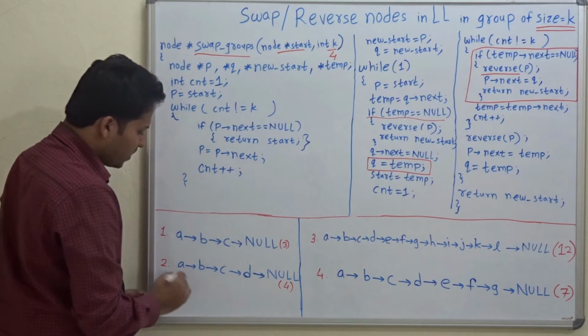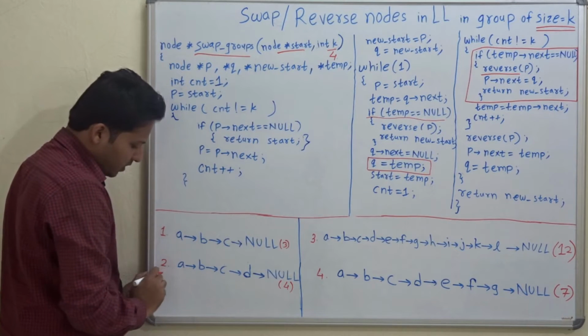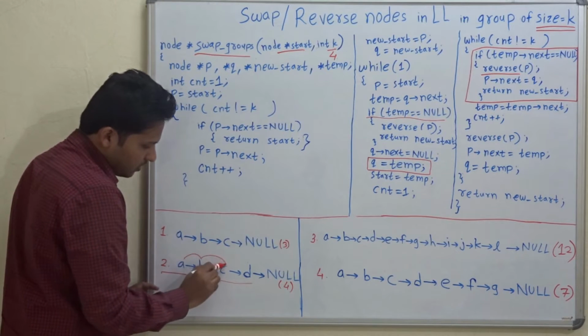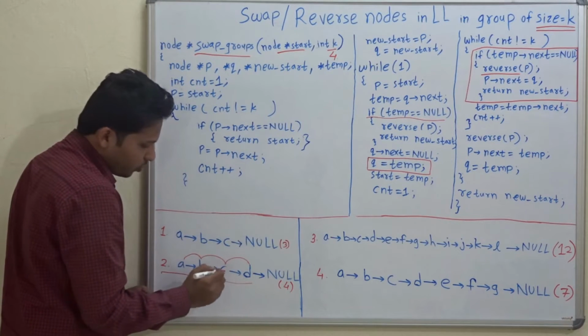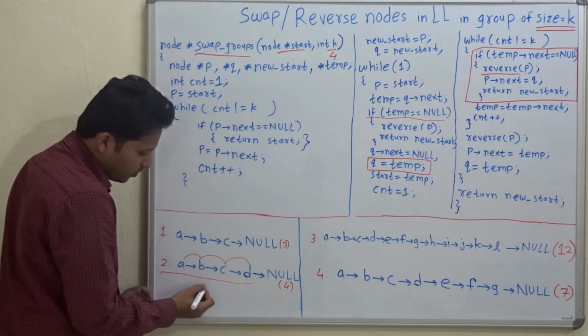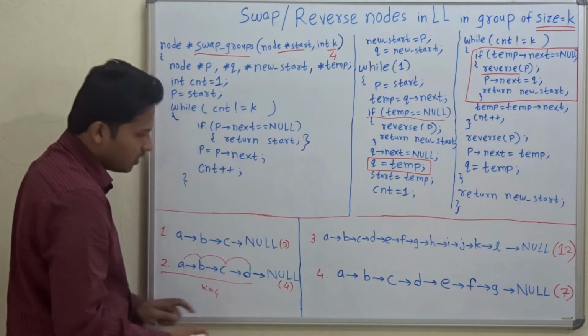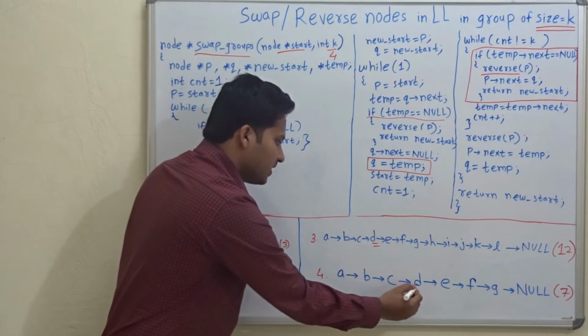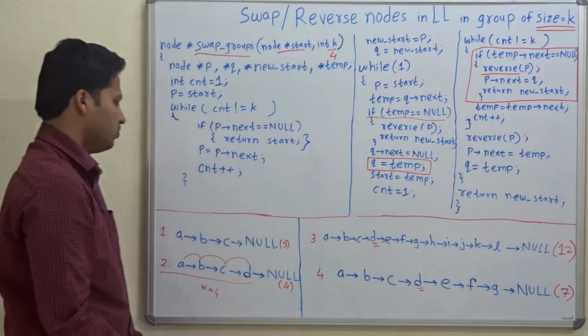For example, the kth node in this example is D, because that is the fourth node and k is equal to 4. In this example also, this is the fourth node, and in this example this is the fourth node.